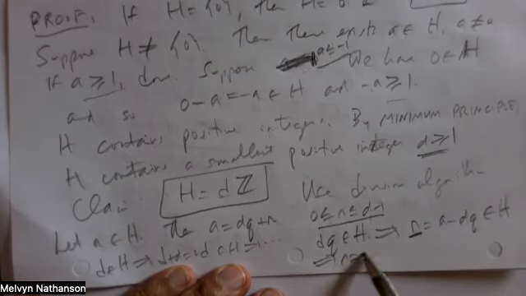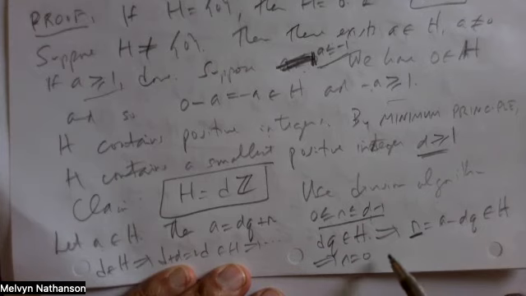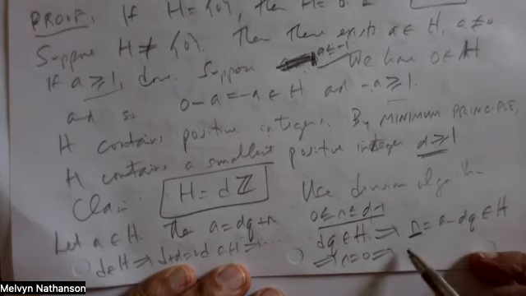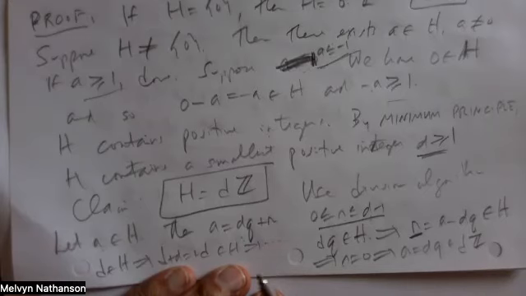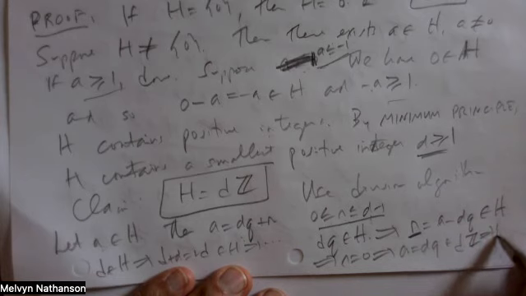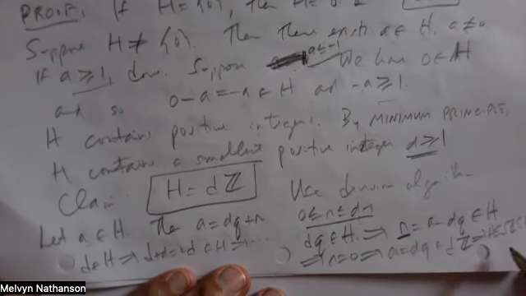R has to be 0. And if R is 0, A equals DQ. So A is a multiple of D. A is in DZ. So every element in H is in DZ, which means H is contained in DZ, which is already contained in H. So H equals DZ.